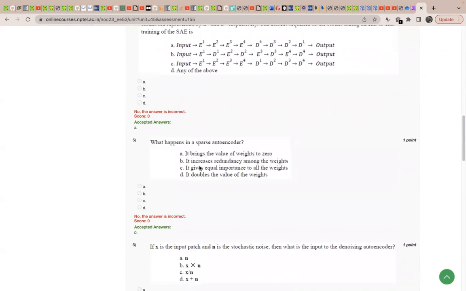Sparsity means it makes weights zero, right? Yes, it brings the value of weights to zero. So what happens in a sparse autoencoder is it brings the value of weights to zero, is that correct? It is question number 5. So what it does is that it selectively makes the weights 0 to introduce sparsity.